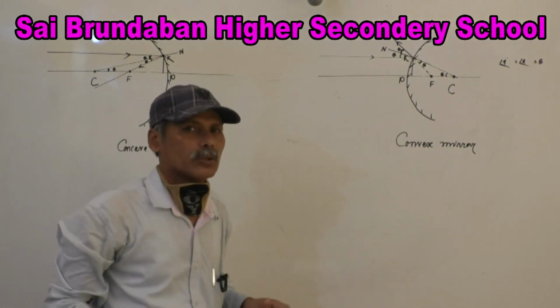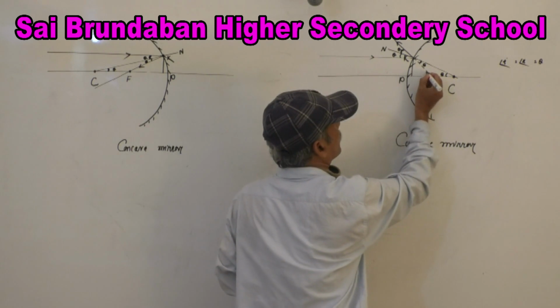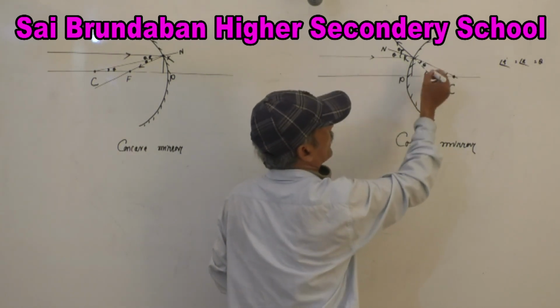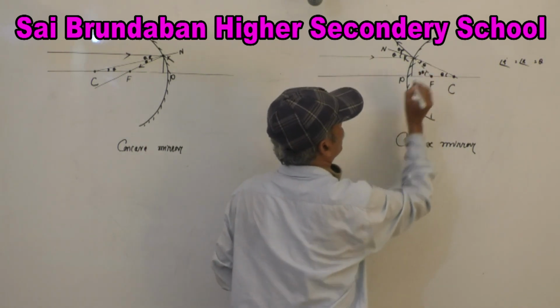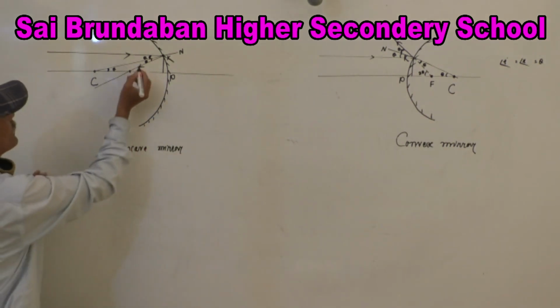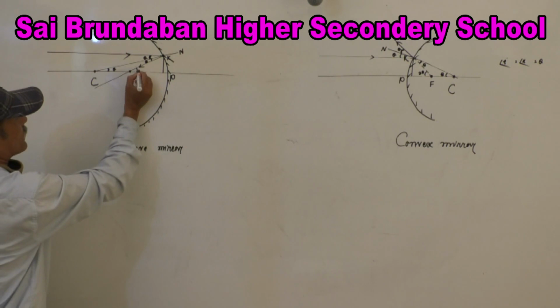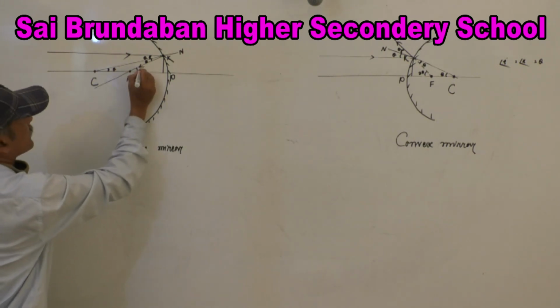In geometry we know it is the sum of these two angles, so this is 2 theta.